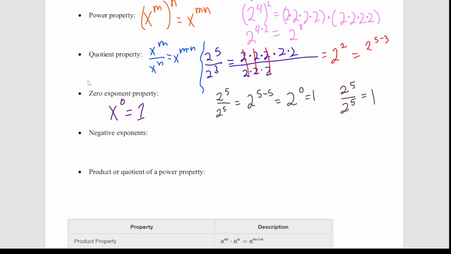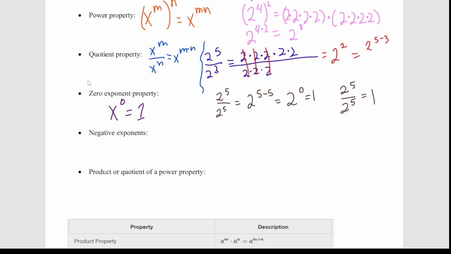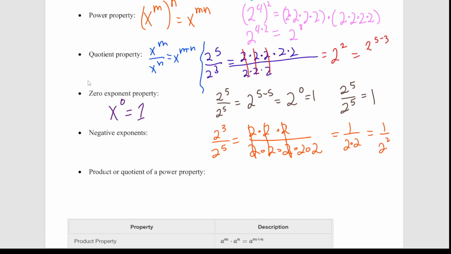Very similarly, we can also use that quotient property to derive what happens with negative exponents. If I had 2 to the 3rd divided by 2 to the 5th, a similar sort of deal is going to happen as what I saw last time: it divides into 1, divides into 1, divides into 1. I would be left with 1 over 2 times 2, aka 1 over 2 squared.